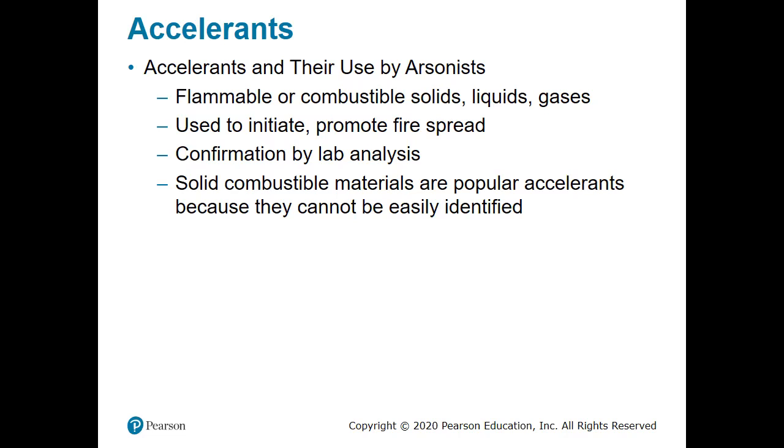Now, on the firefighting side, on the crime scene analysis side, accelerants usually leave a chemical marker somewhere to let you know that they are there. And those chemical markers can actually be used to help us identify arsonists, because usually arsonists leave some kind of a calling card or tend to do things the same way each time.